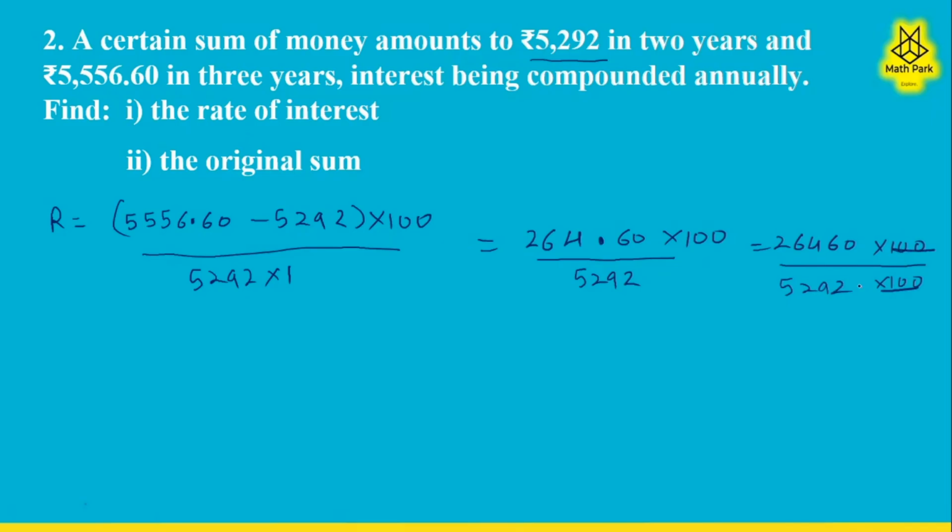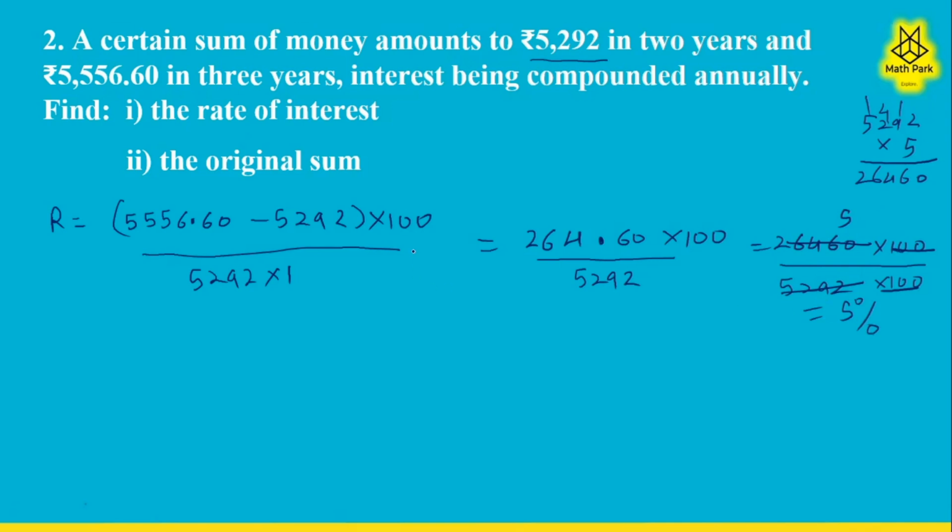Simplify this. 5 fours are 20, so just multiply 5,292 by 5. 5 5s are 25, the closest to 26 is 25, so let us try, because the last digit is 0. 5 2s are 10, carry 1, 5 9s are 45 plus 1 is 46, 5 2s are 10 plus 4 is 14, carry 1, 5 5s are 25 plus 1 is 26. Yes, it goes 5 times. So this is how the rate of interest is 5%.